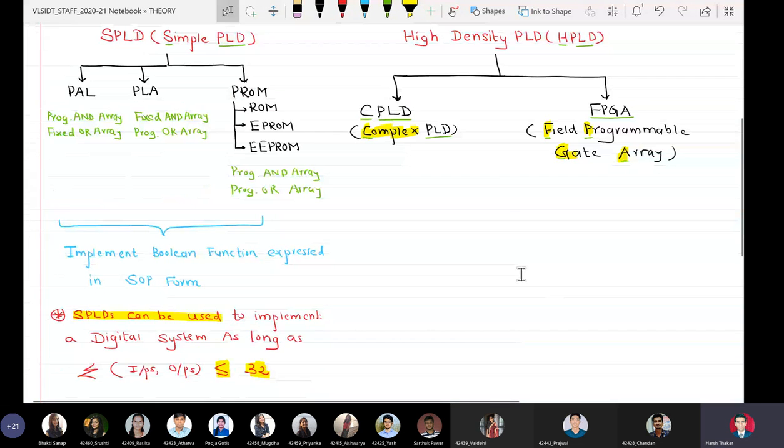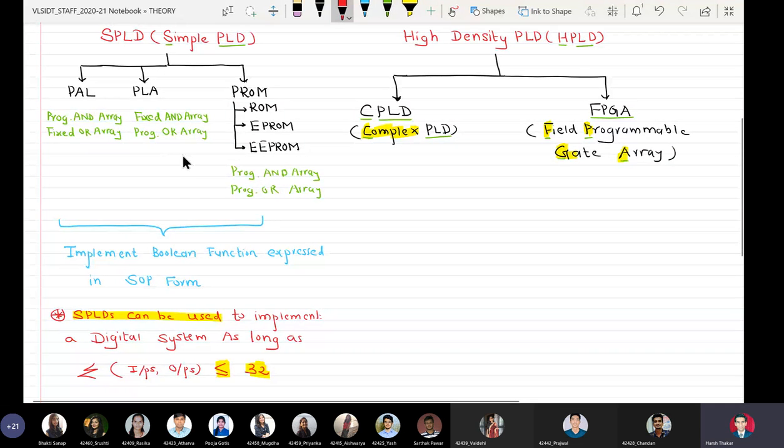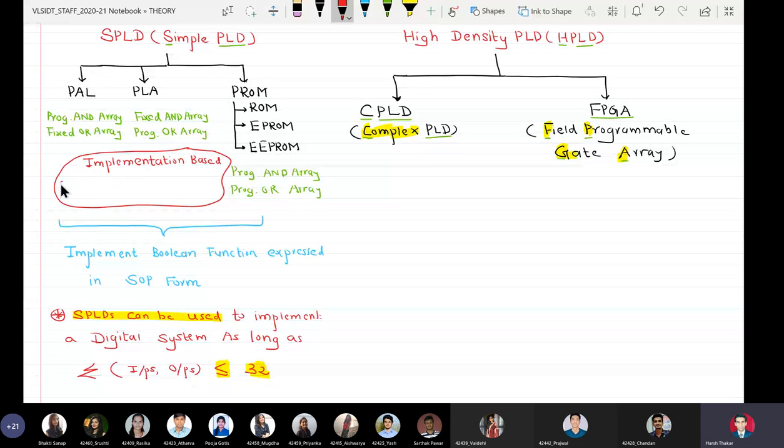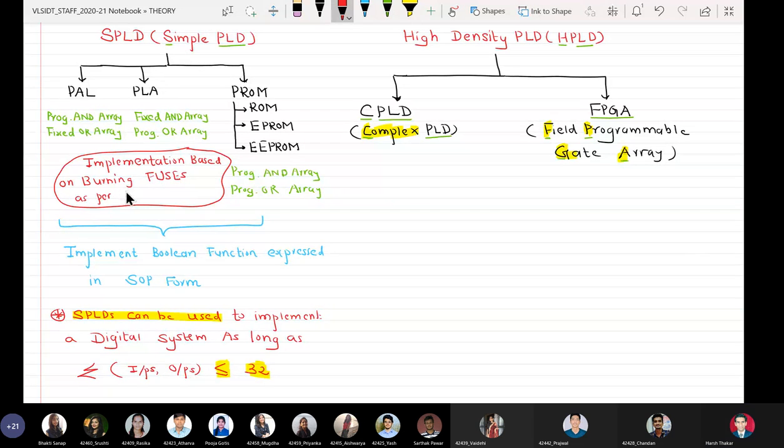So I can also write down a note here that implementation is based on burning fuses as per truth table.